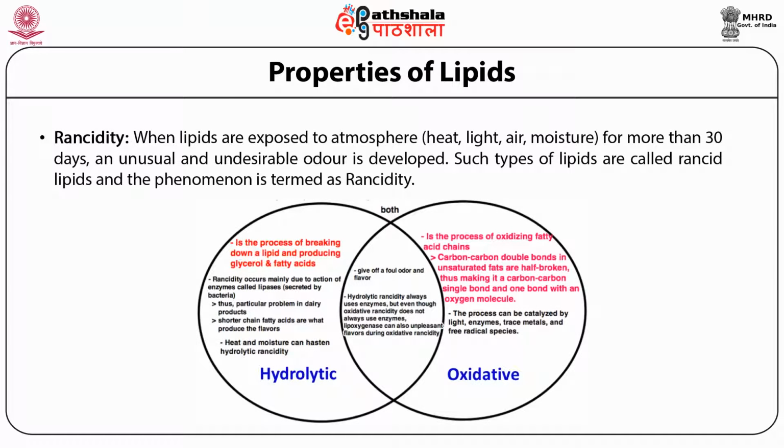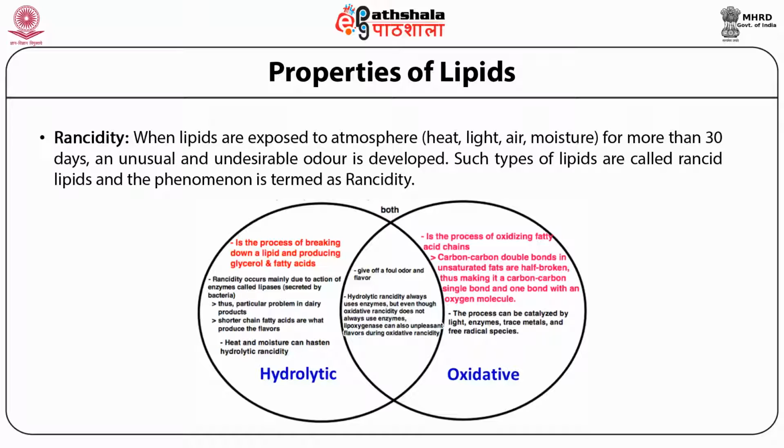Rancidity is one of the important properties of lipids. It has been observed that when lipids or fats are exposed to heat, light, air or moisture for more than a month, an unusual and undesirable odor develops.